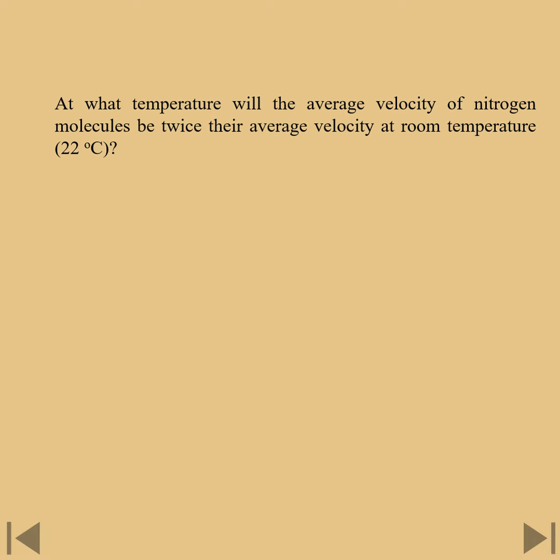At what temperature will the average velocity of nitrogen molecules be twice their average velocity at room temperature? Well, our primary equation of the velocity of gases at two different temperatures is the square root of T2 over T1 is equal to the velocity ratio of the gas at temperature 2 and 1. We're solving for T2, so let's take the square of both sides and then multiply out T1.